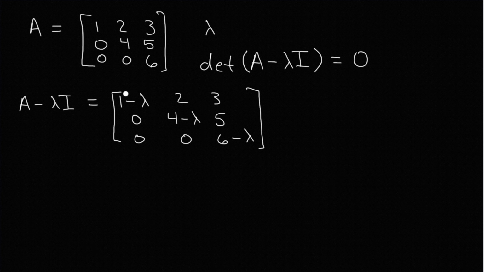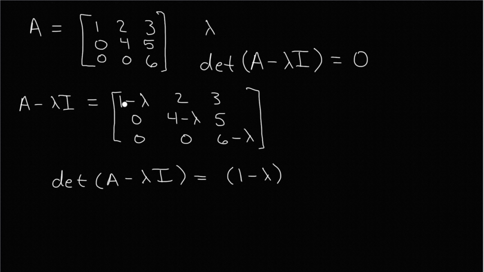So starting off with the first row and the first element, I have 1 minus lambda. So we're going to begin with that in mind when we do this. So starting off with 1 minus lambda, what we can do is we can consider only this matrix down here, this 2 by 2.